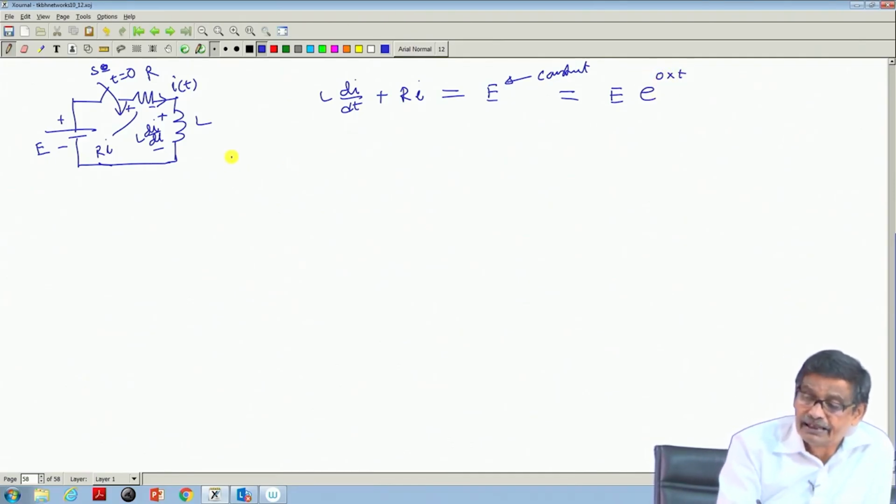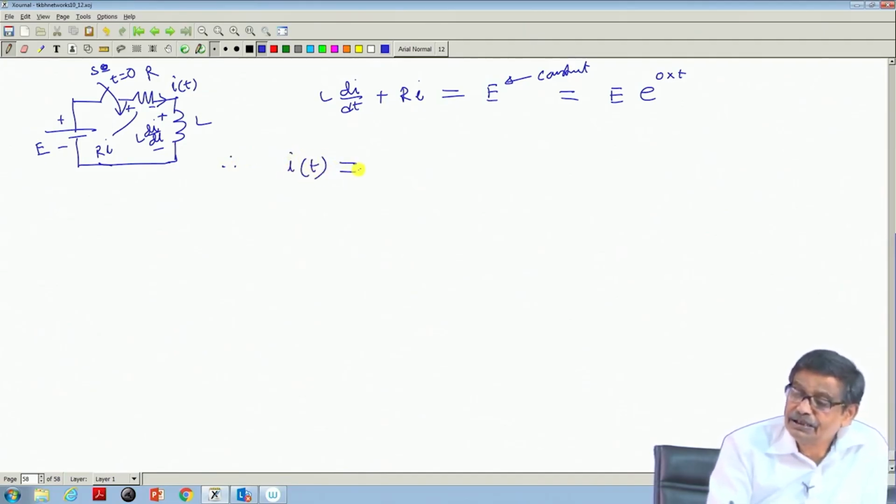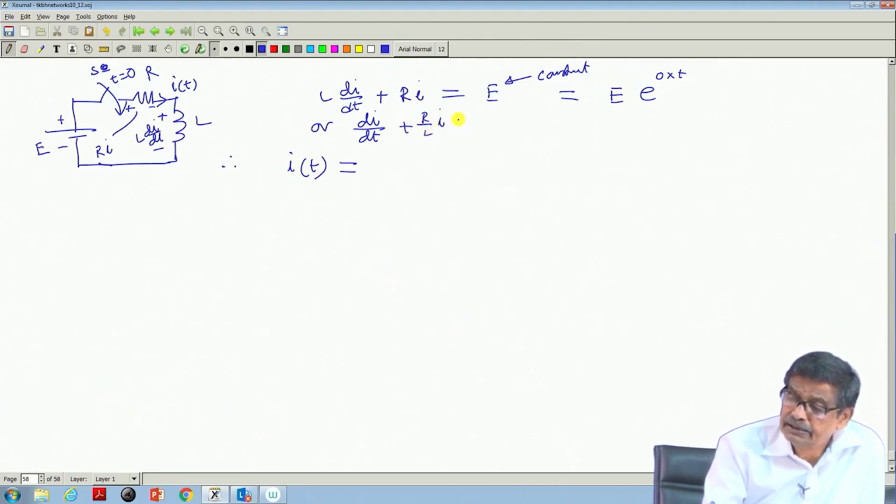Therefore, I will say this time the total solution I t will be equal to, better the way I am always doing. So, this is fine, then d I dt plus R by L into I is equal to E by L. This is exactly that L I missed in my earlier thing.